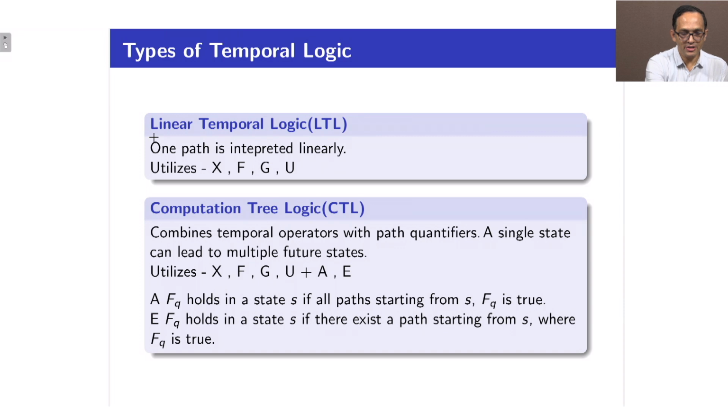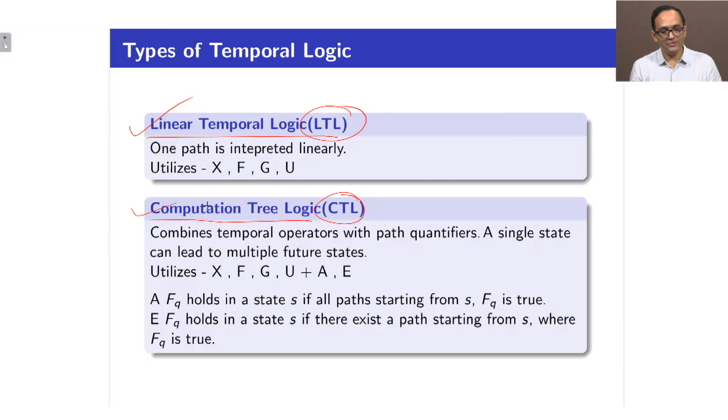Okay. So, there are two types of temporal logic, one is called linear temporal logic or LTL, the other one is called computational tree logic or CTL. Okay. So, these are just two different ways of encoding properties. For hardware mostly we use LTL, for other applications we also use CTL.